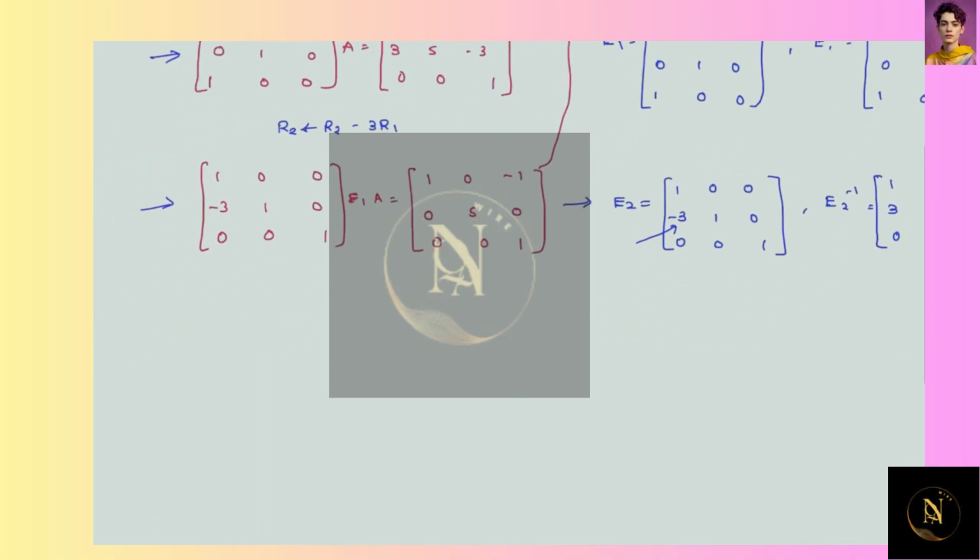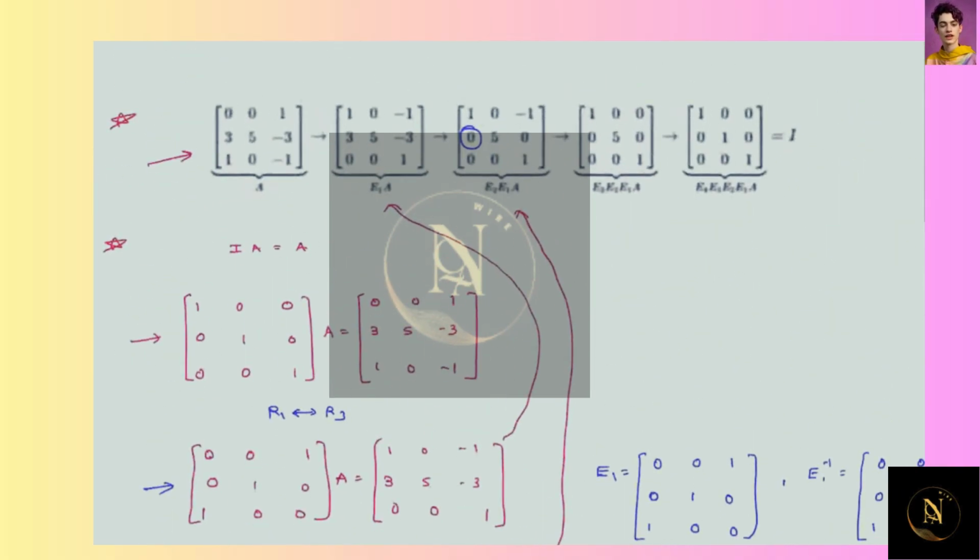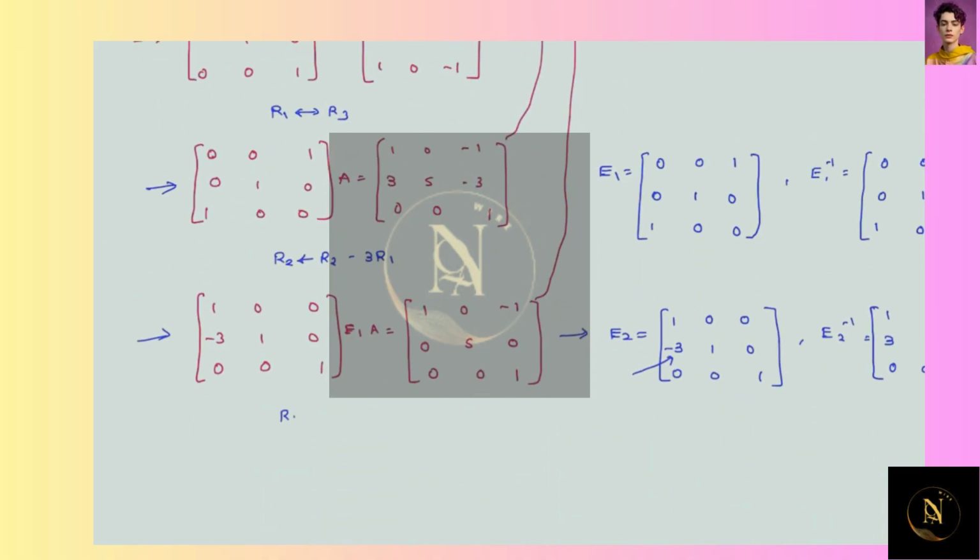Now as we can see here, for the third matrix here we have a minus 1, but here we have a 0, right? Which means we need to add first and third row, so our row operation will be R1 plus R3.